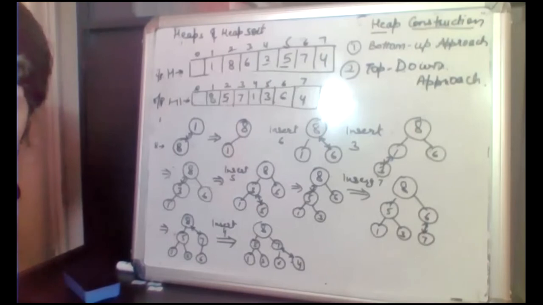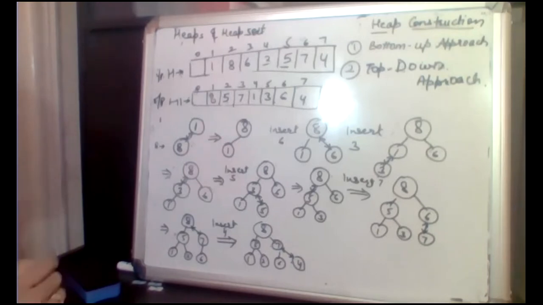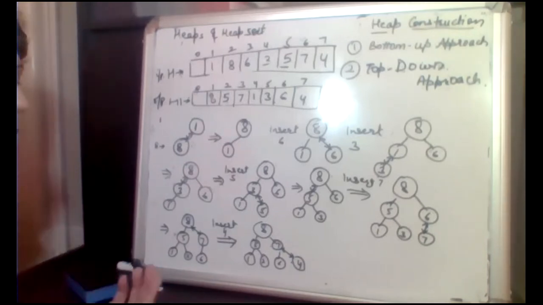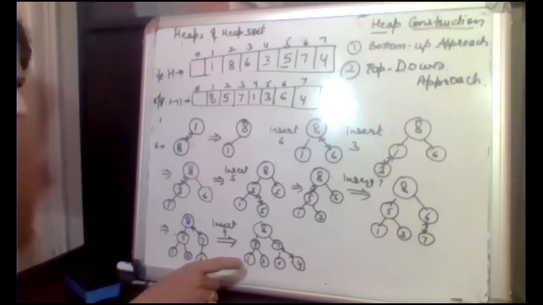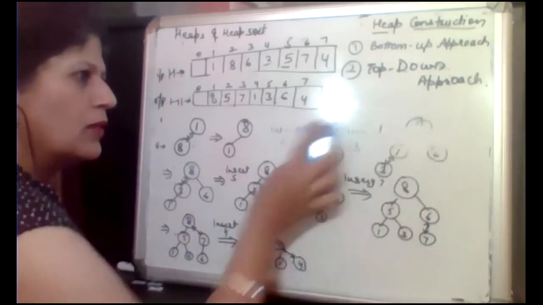Yes. So let's move on to how we work with the deletion from a heap. For deletion, right now we are assuming that the key deletion is from the top of the heap. So let's take the same heap that we have constructed right now.